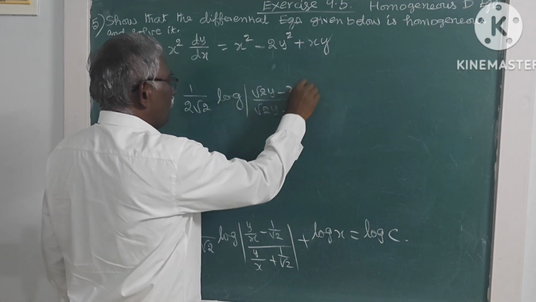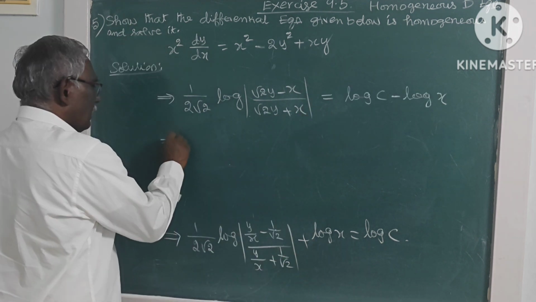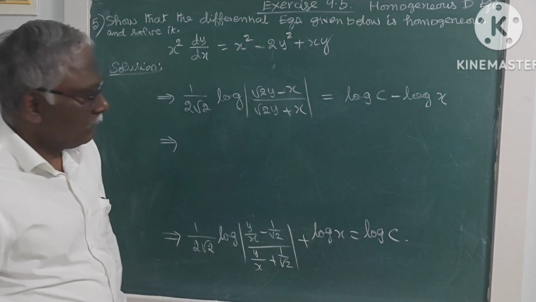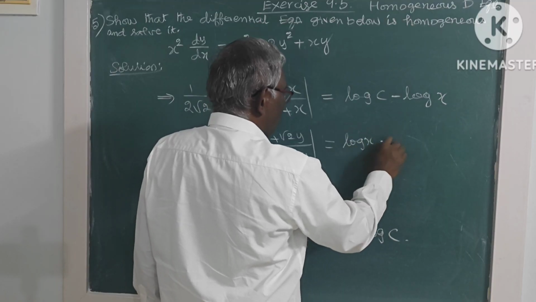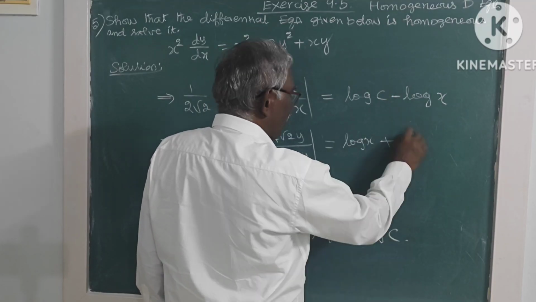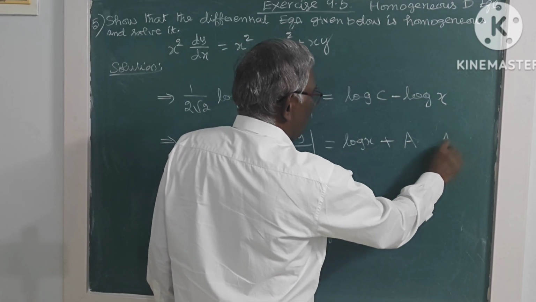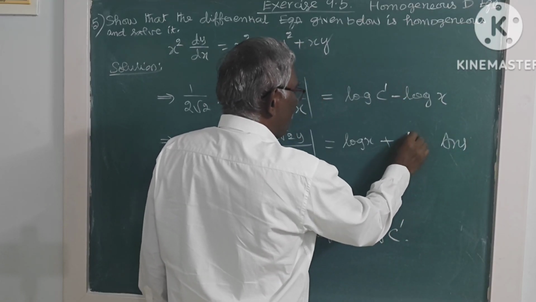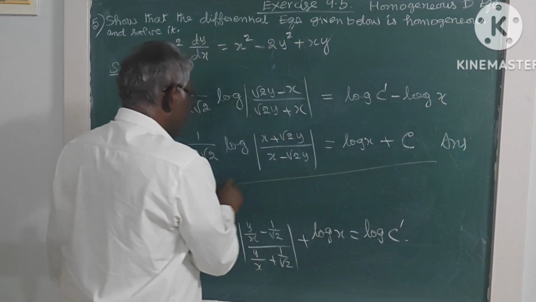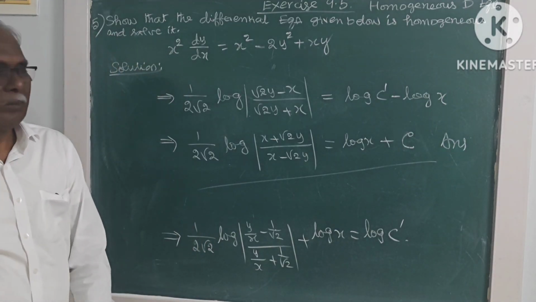So we can leave it like this, is equal to log x plus some other constant, c dash. You can leave it like this also.